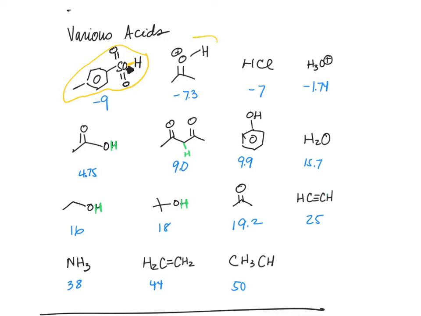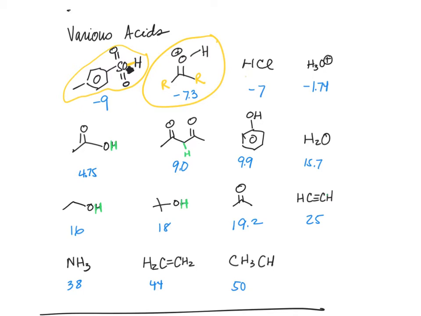When you go to the next compound on the list, this protonated version of acetone is going to be very acidic. You can keep in mind that these R groups, while they're drawn as methyl, can be anything. And this is going to have a very low pKa, meaning that it's highly acidic.